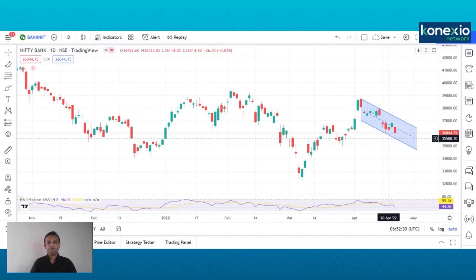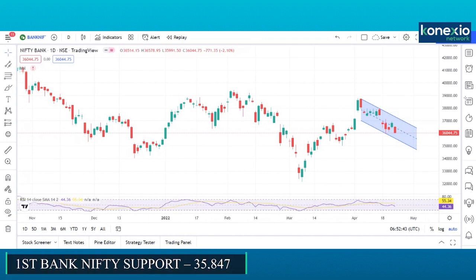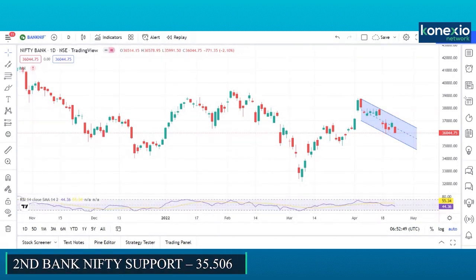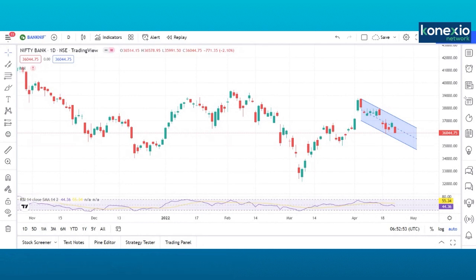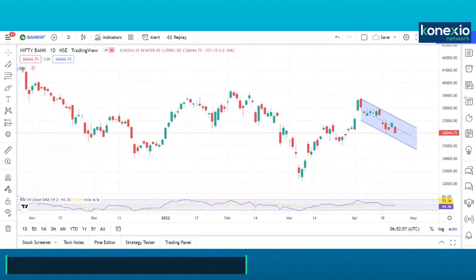primary trend. So now let us come to the important supports and resistance for the Bank Nifty for the next week. Important support in the Bank Nifty is placed at 35,847 is the first support. Then second support in the Bank Nifty is placed at 35,506, and third support is placed at 34,706.